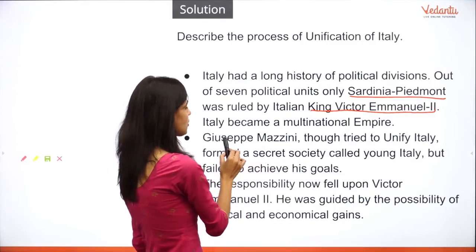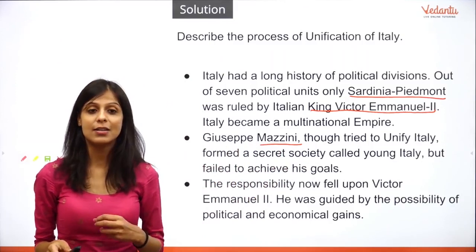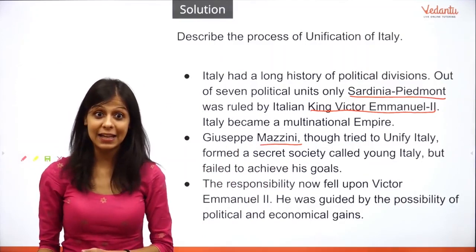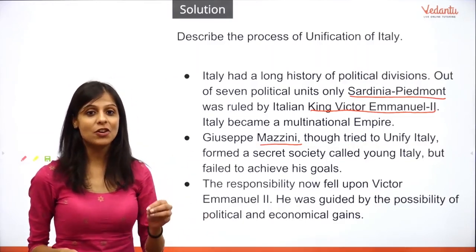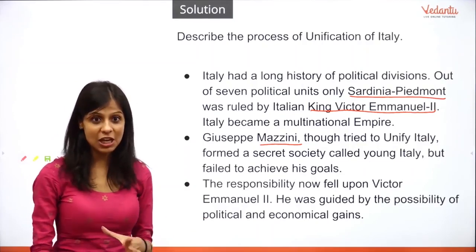Mazzini tried to bring changes or unify Italy, but his efforts were not acknowledged and he was sent to exile, and he even came up with 2 important revolutionary societies or secret societies to bring change.